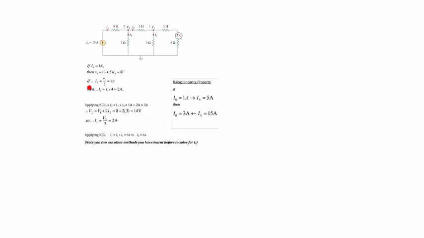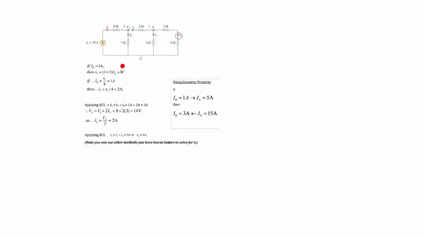In order to find that, first we will label our current directions, because it will be easier for us to use Kirchhoff's current law, so we'll be able to add these currents. So 15 amps, then this is I0, then I1, I2, I3, I4.